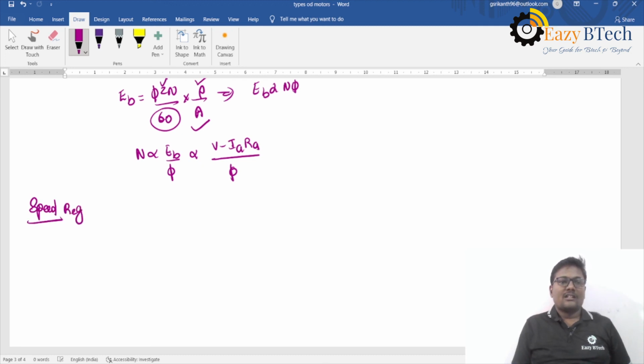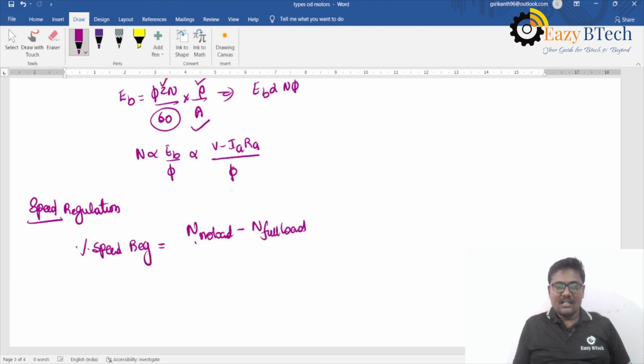So for a motor, as we discussed in the previous lectures, if you want to know the machine's performance, we have to see the efficiency and regulation. If it is a generator, we should concentrate on voltage regulation. If it is a motor, we should concentrate on speed regulation. Percentage speed regulation is equal to no load speed minus full load speed divided by full load speed into 100.